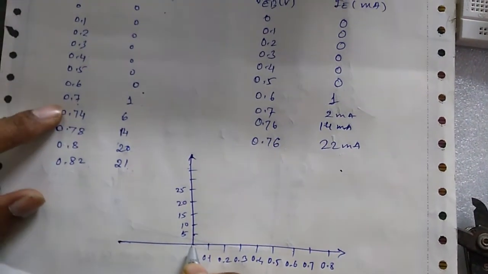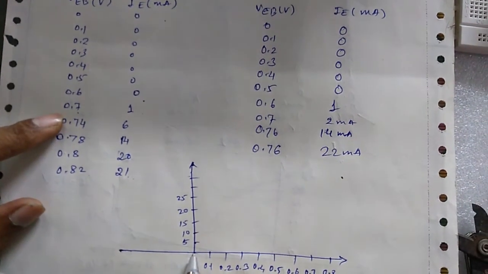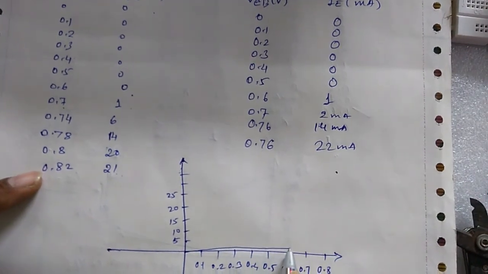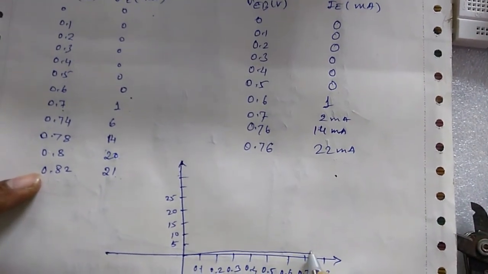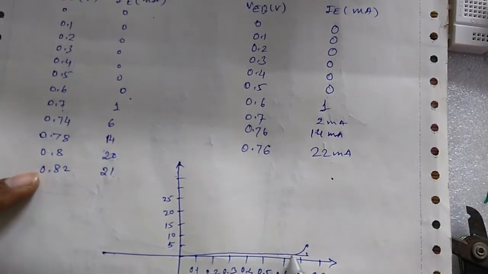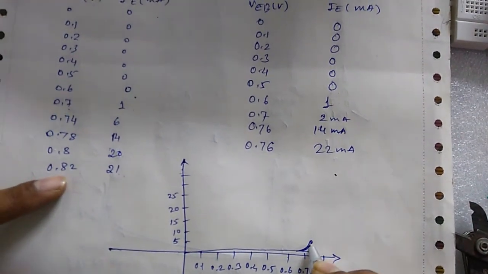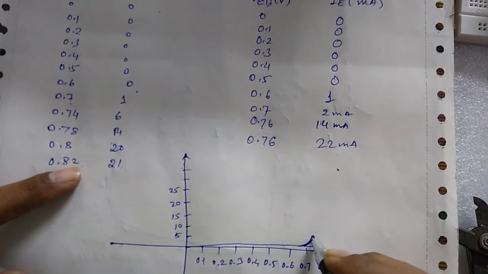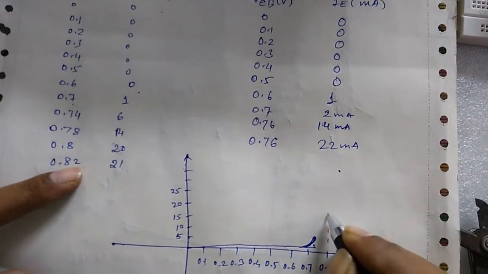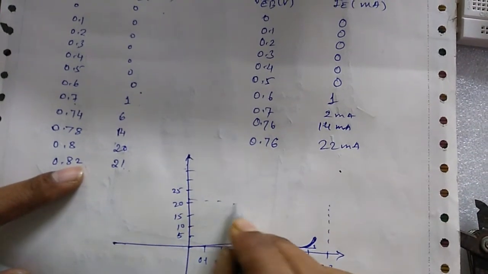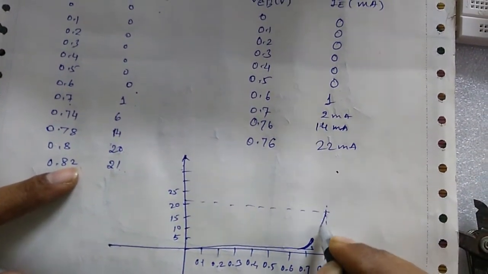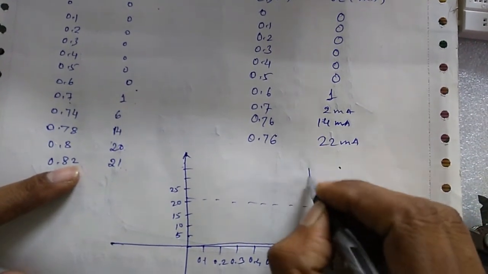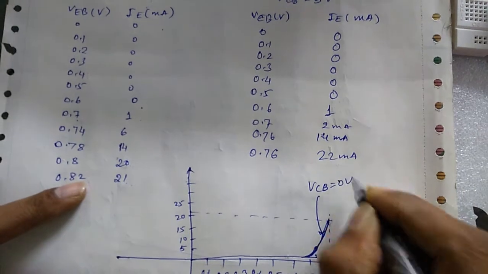At 0.74 the current is 6 milliamps, like this. And for 0.82 it is 21. Here at 0.8 it is 21, which means the current is increasing like this. So this is the case for VCB equals 0 volt.